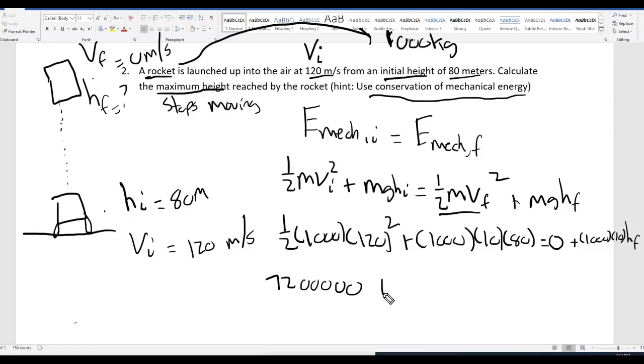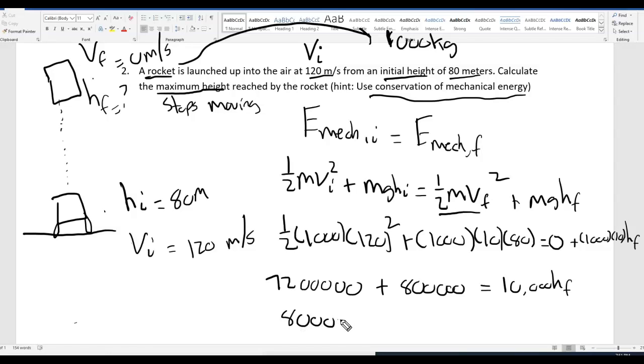Plus 1,000 times 10 times 80, that would be 800,000, equals, I don't care about the 0. 1,000 times 10 is 10,000, so that's 10,000 times h final. All I need to do is add these two numbers, and that is going to be 8 million.